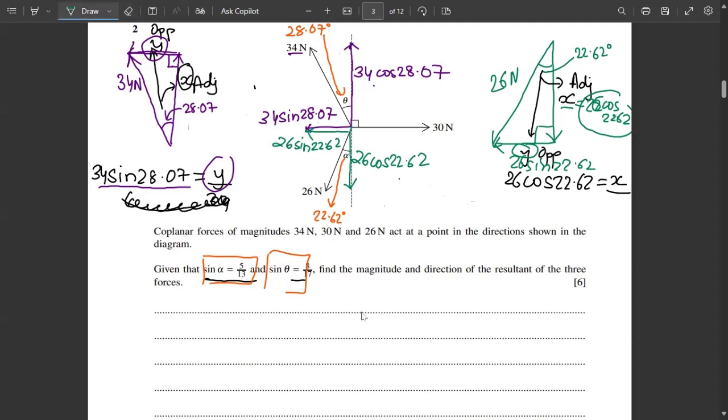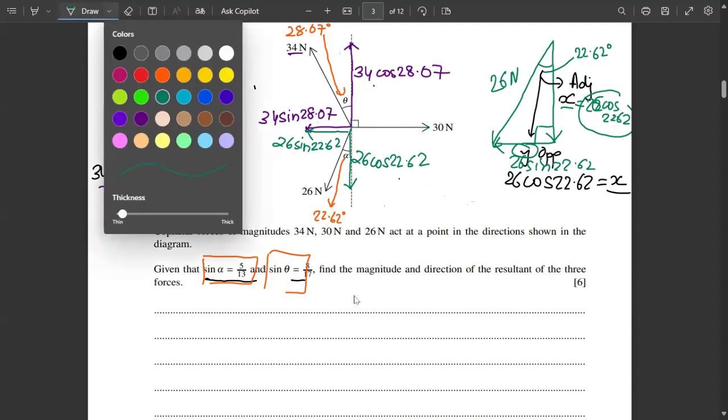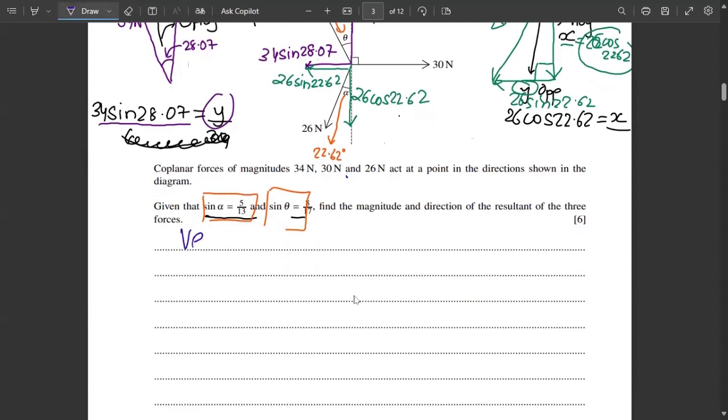And now, what about 30 Newton? 30 Newton is already acting to the right, so there is no need to resolve this first. So let us now differentiate all the forces. We found two types of forces here. The first one is vertical forces. The other ones are horizontal forces.